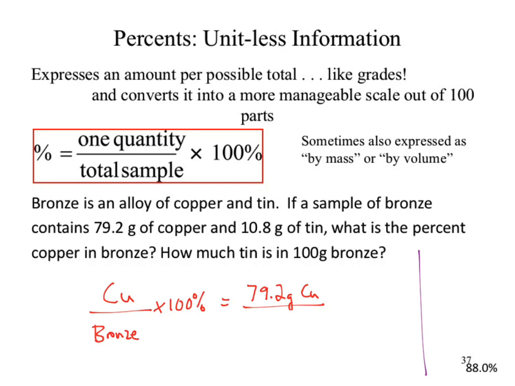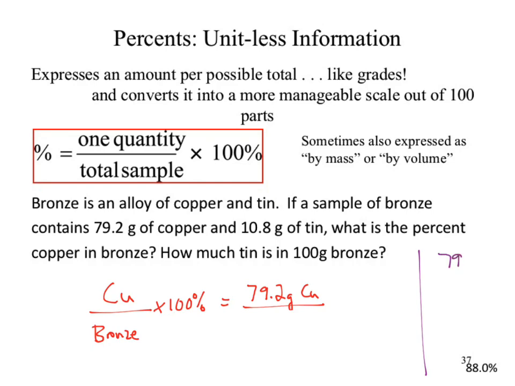Okay. I am told that bronze is an alloy of copper and tin. So in a sample of bronze, I know I have 79.2 grams of copper and 10.8 grams of tin. What is the size of my sample of bronze? 90 grams. Where'd you get 90 from?